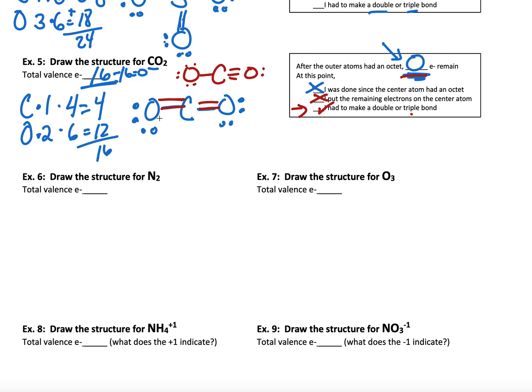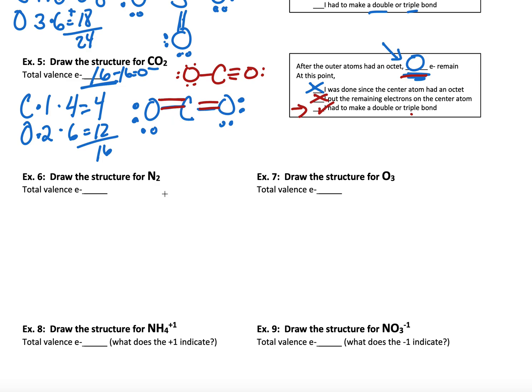Yes, as long as everybody has an octet, it can shuffle back and forth between a triple bond on this side, 2 on each side, or a triple bond on this side. Nature likes symmetry, so if you have the option to make something symmetrical, go for it.